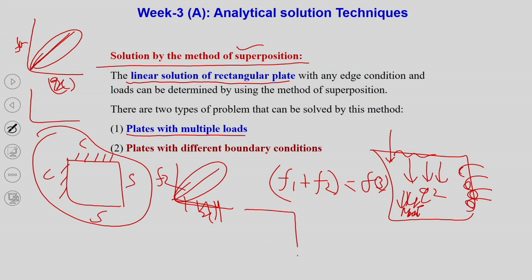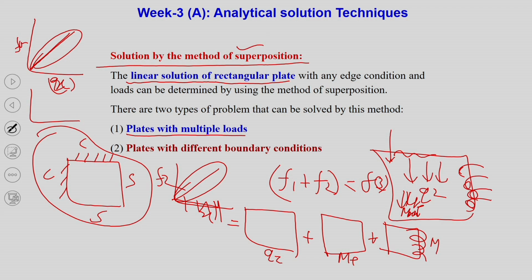The same geometry, let us say under only Qz, plus the same geometry under MT, plus the same geometry under some edge moment. If we add it together, it will give you the plate analysis.